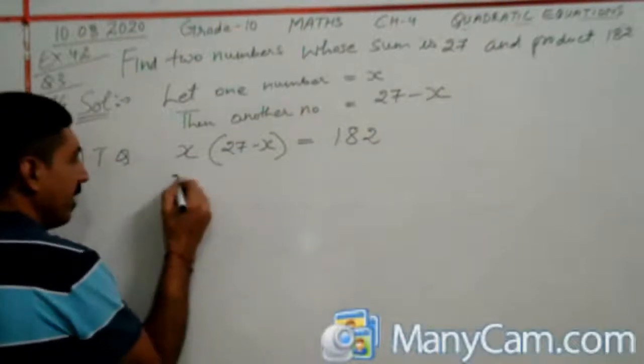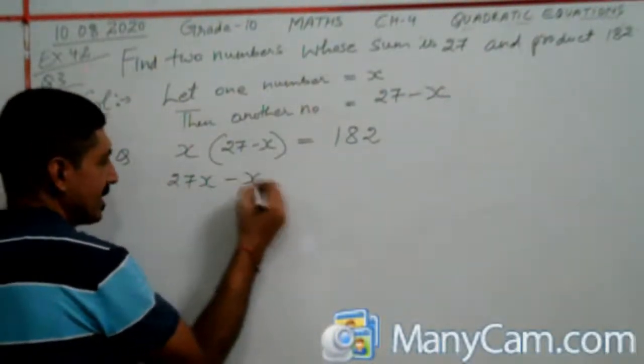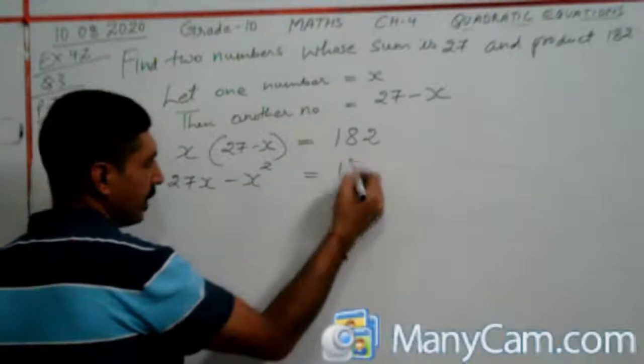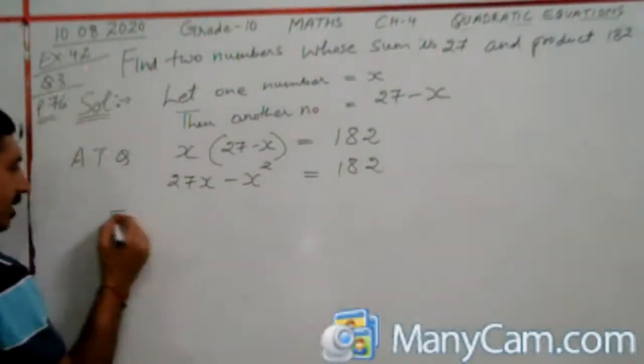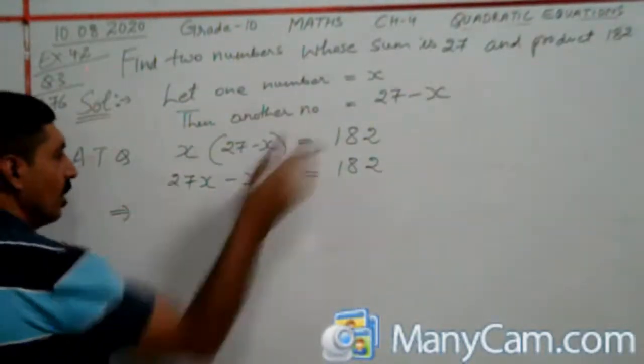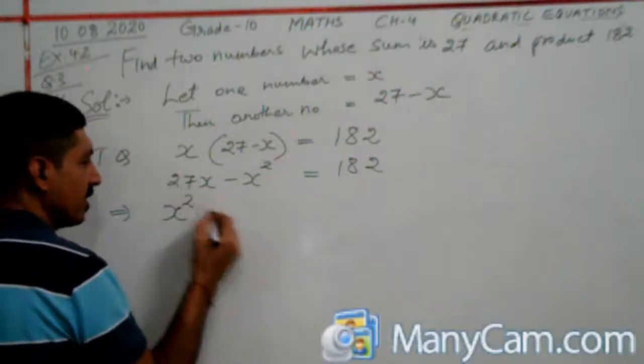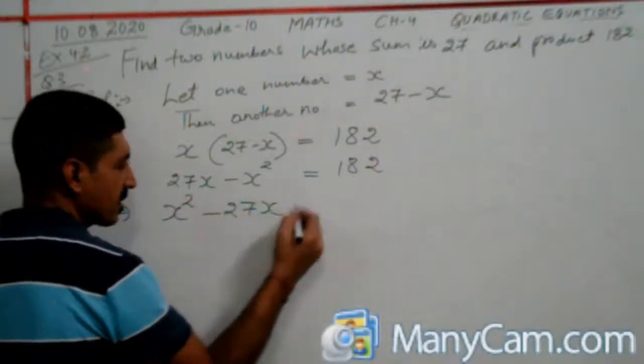According to the question, their product is x times (27 minus x), so we have 27x minus x square is equal to 182. This implies that we can take everything to the right-hand side: x square minus 27x.